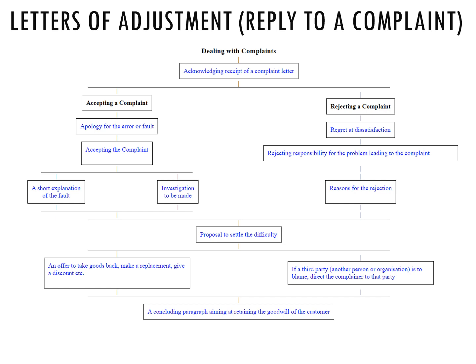First, you acknowledge the complaint letter, that you have received that letter. Next, you have to decide whether you are going to accept the complaint or reject the complaint. If you accept or you reject, these are the stages that you may want to include.